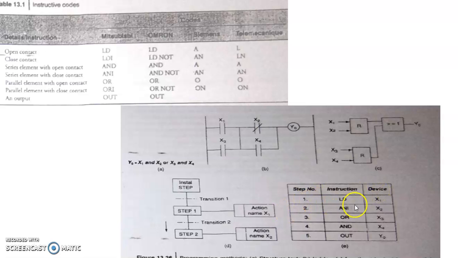So step 1 instruction is LD and device is X1. Next step instruction is ANI, device is X2. Next step has instruction OR, device X3. Fourth step instruction is AND and device is X4. Fifth step has instruction out and device is Y0. So these are various methods for programming PLC.